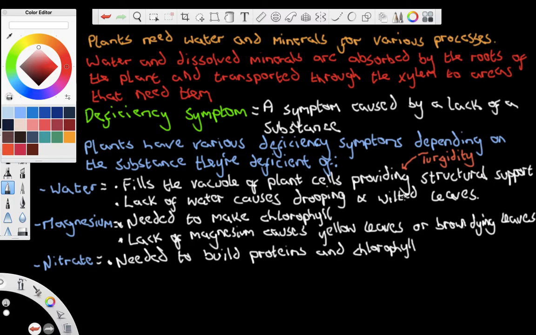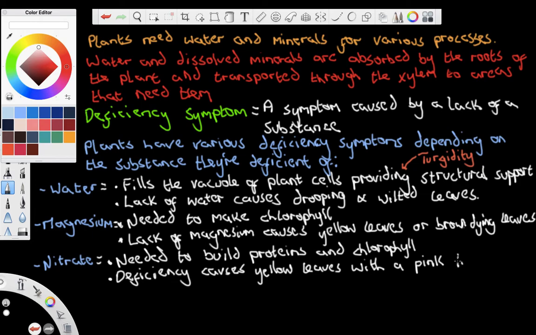Okay? If a plant is deficient in nitrate, it will have yellow leaves with a pink tint. So deficiency causes yellow leaves with a pink tint. Okay?